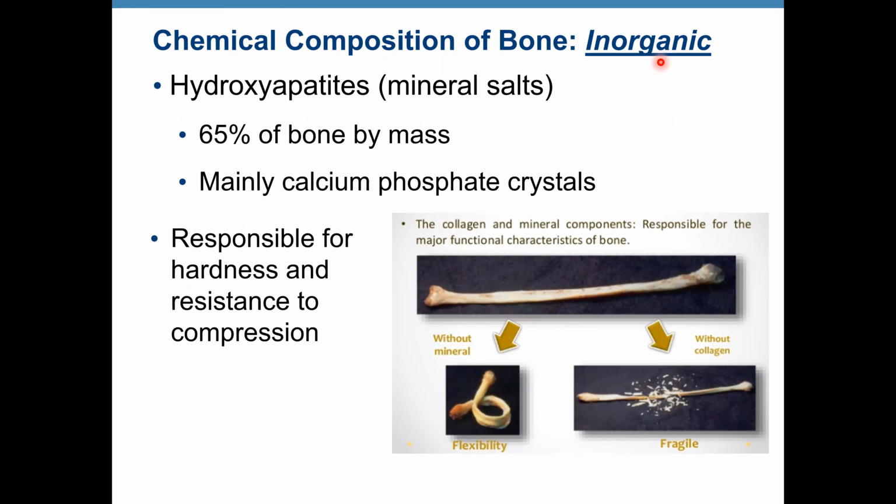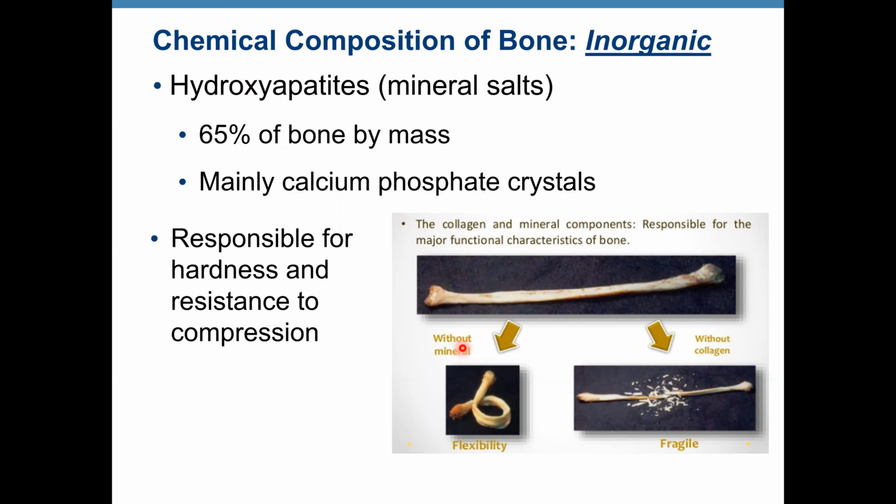Now, the inorganic part of a bony matrix is mineral salts. They make about 65% of bone by mass, and mainly it's calcium phosphate crystals. Calcium phosphate crystals are called hydroxyapatite. So hydroxyapatite is the name for calcium phosphate crystals. And they're responsible for hardness and resistance to compression.